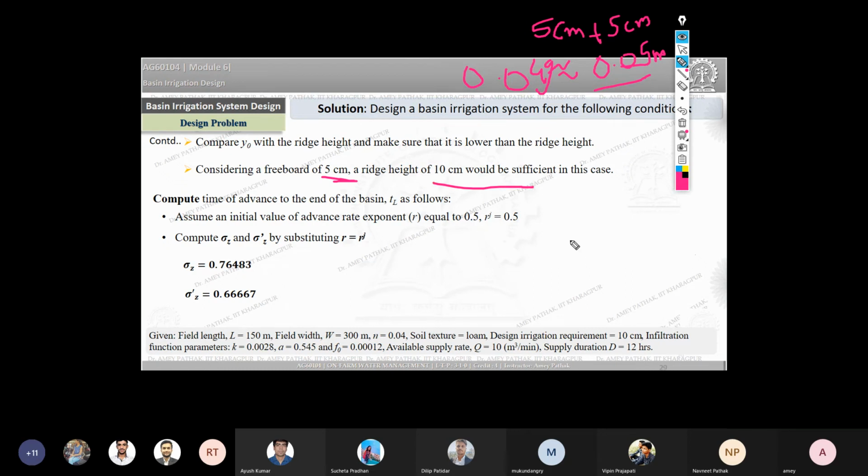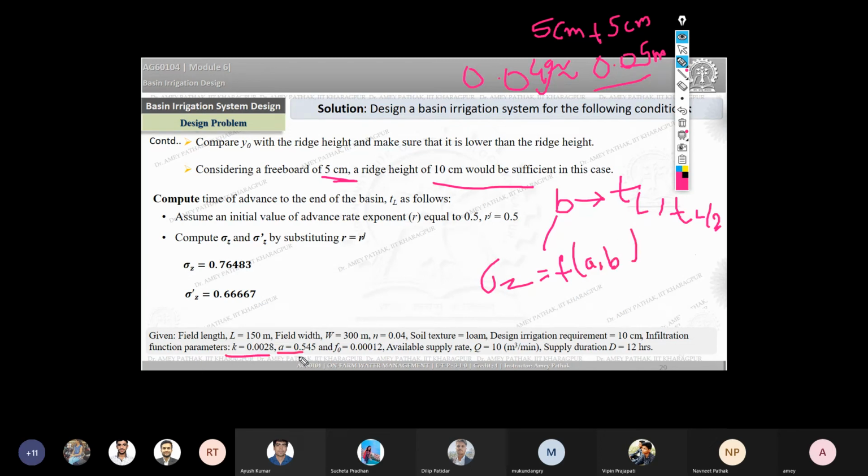Now once that is calculated, we have to calculate the value of B. For that value of B, we have to calculate TL and TL by 2. So first, using the B, we have to calculate sigma Z. Sigma Z is again a function of A and B. These infiltration parameters A and B are given to us.